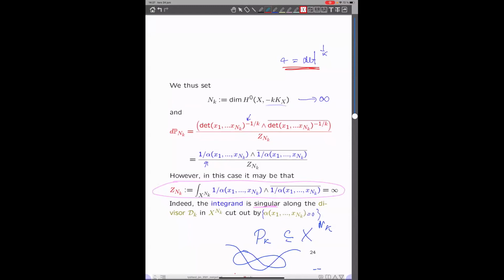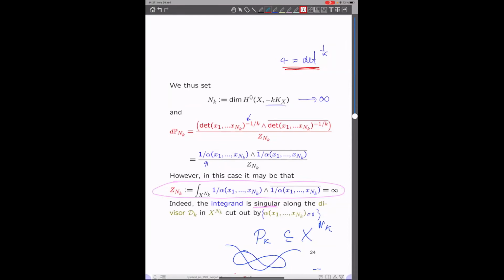Very good. In terms of my form alpha, which is the kth root of the determinant, I'm now looking at the inverse of alpha as a density somehow. But now comes a new phenomenon, because when I normalize with this normalizing constant, there is no reason that this should be finite.